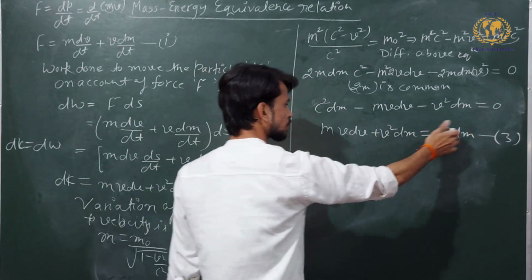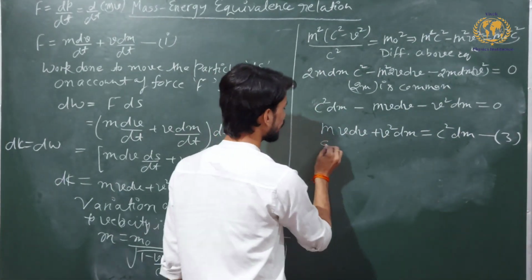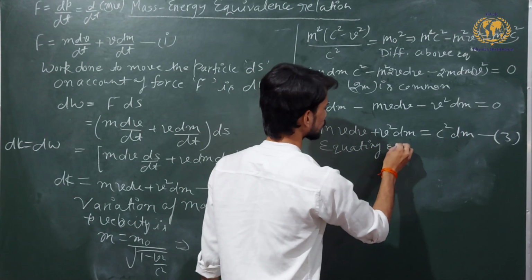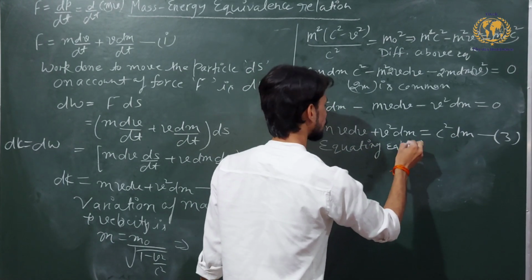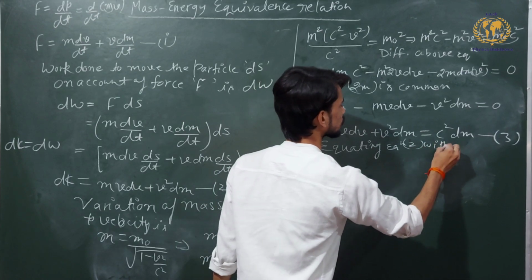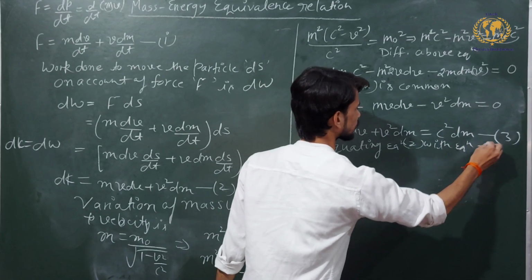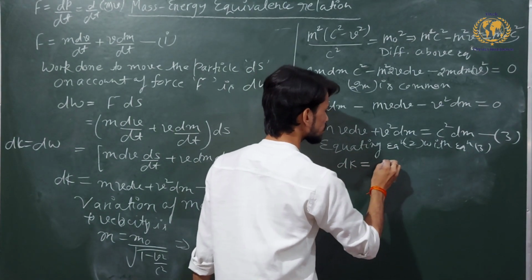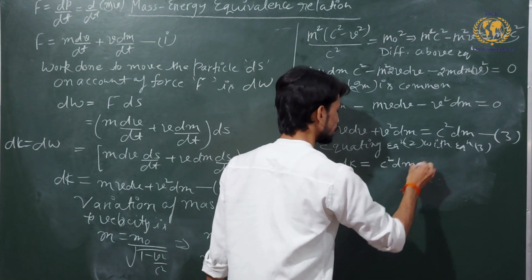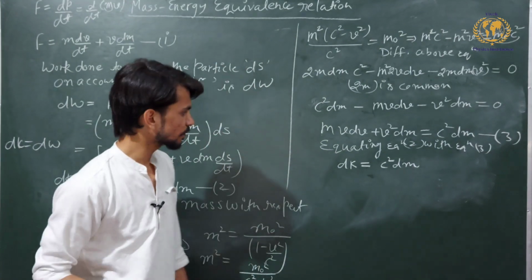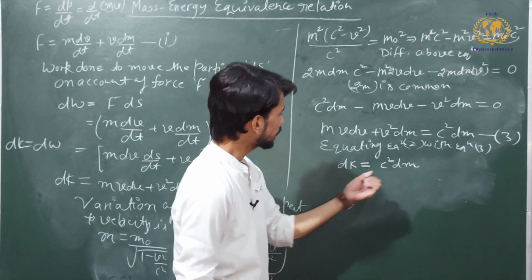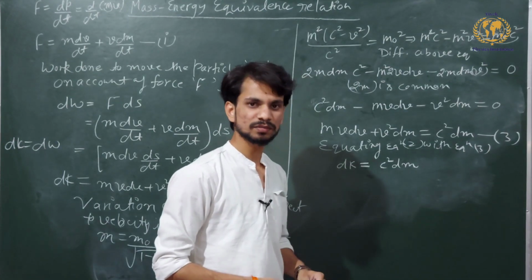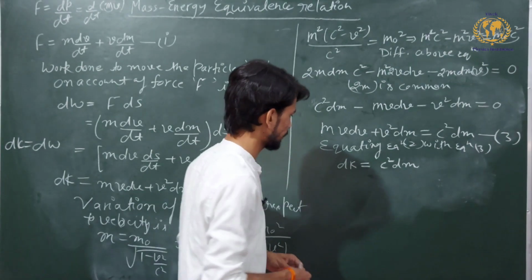So dK will be equal to c square dm. So equating equation 2 with equation 3, I will get dK equals c square dm. Now in order to find the actual kinetic energy, let me integrate this equation with respect to its limits.